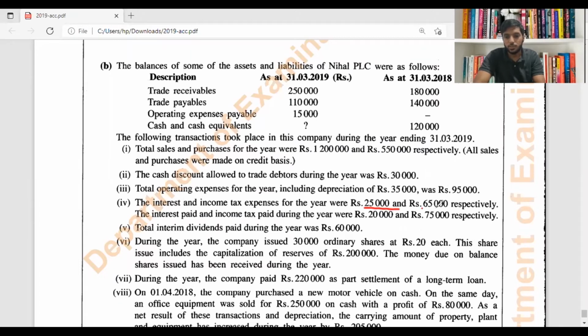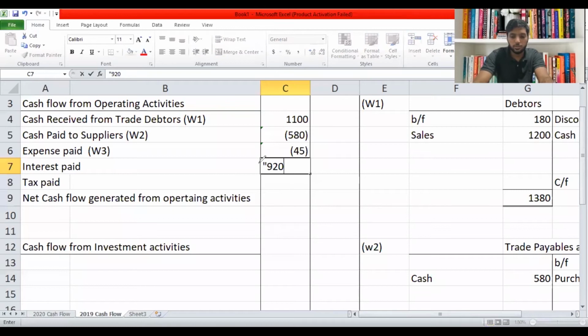This is the expense for the year, but actually what they paid was 20 and 75. So I'll take these 2 values, 20,000 and 75,000, and deduct them. So I have taken the values exactly.